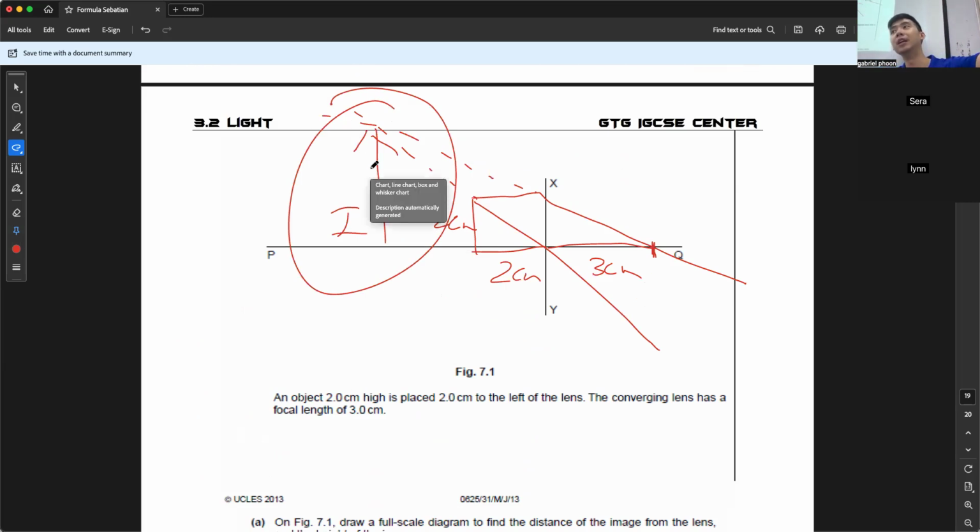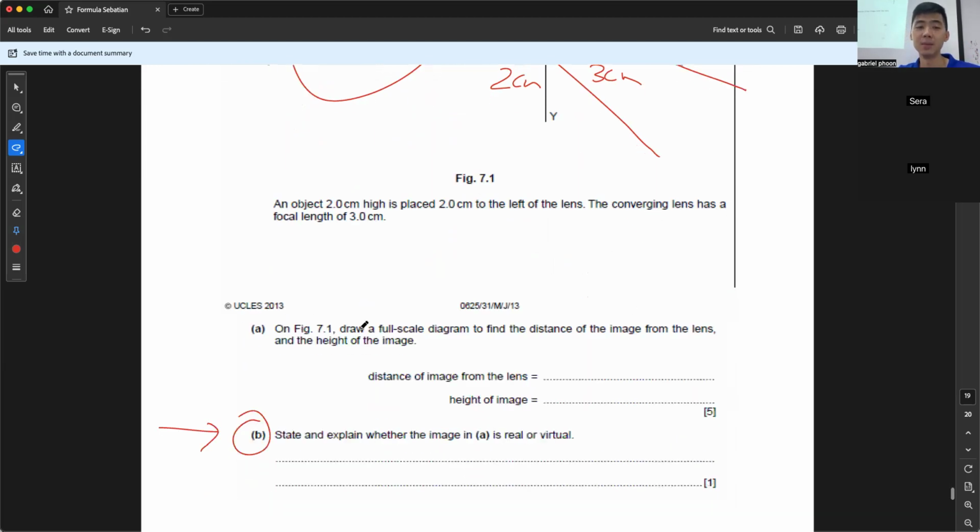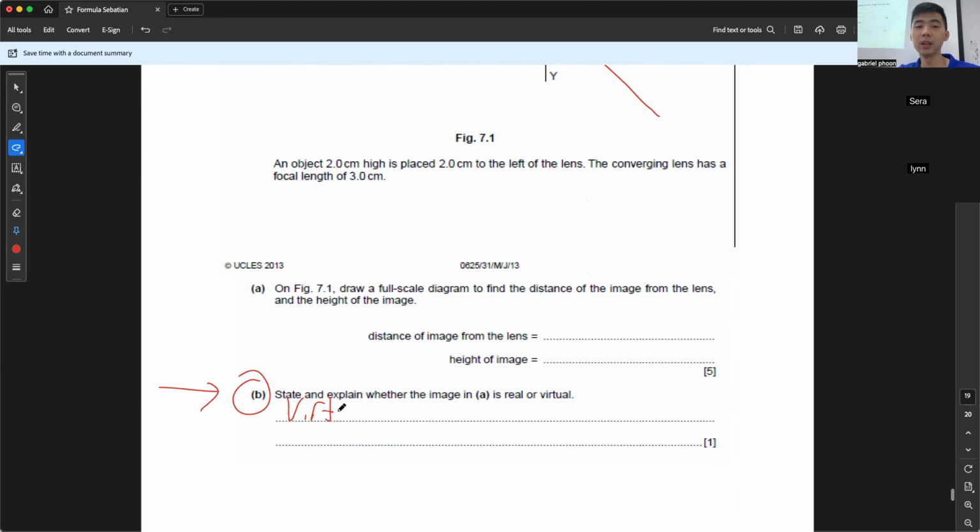It's going to be virtual, right? How come it's virtual? First and foremost, we know that it's formed by dotted lines, so it's going to be virtual. Then how do I explain?